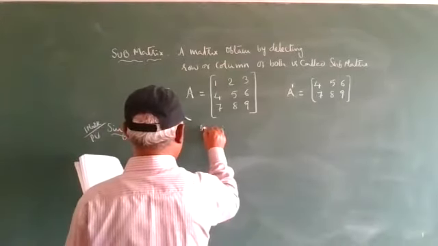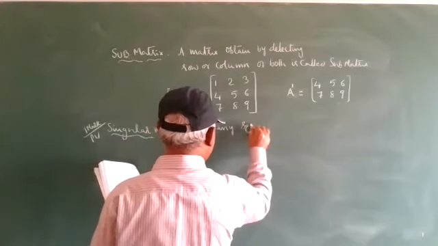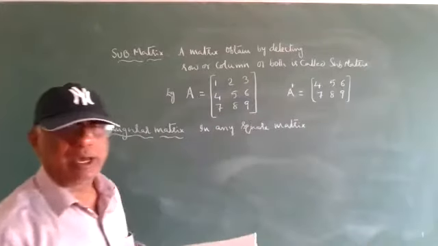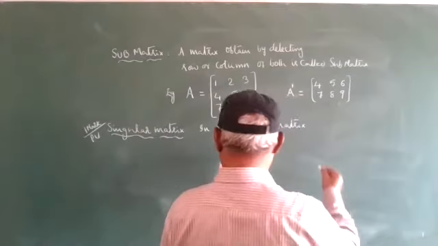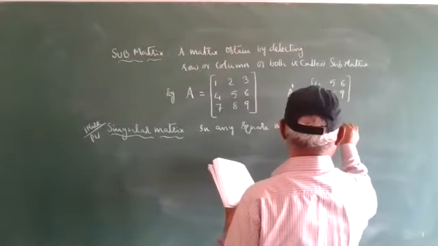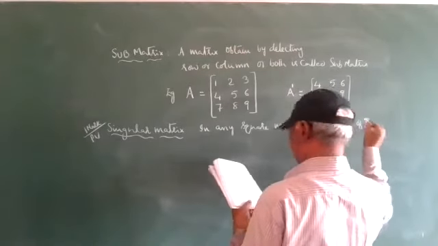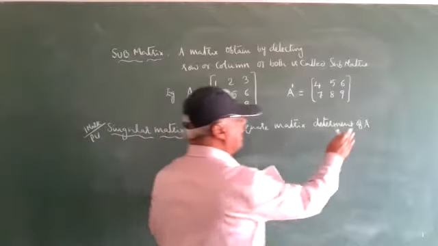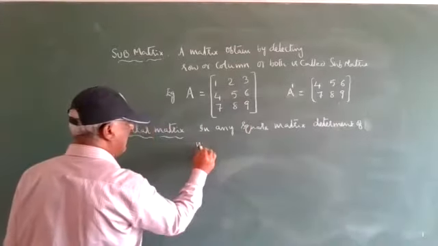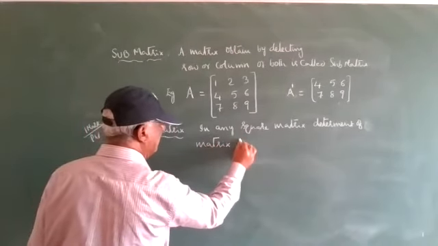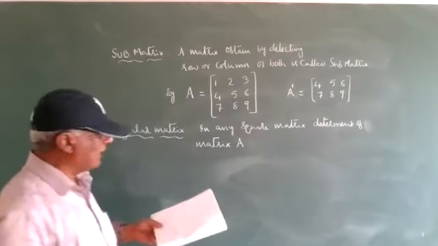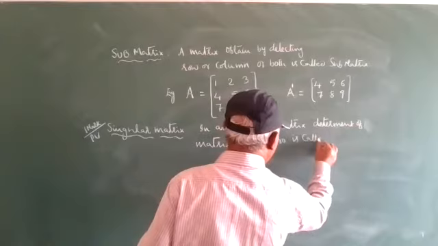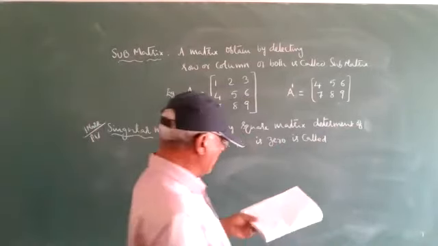Singular matrix: in any square matrix, the determinant of A, the determinant of matrix A, equal to 0 is called a singular matrix.